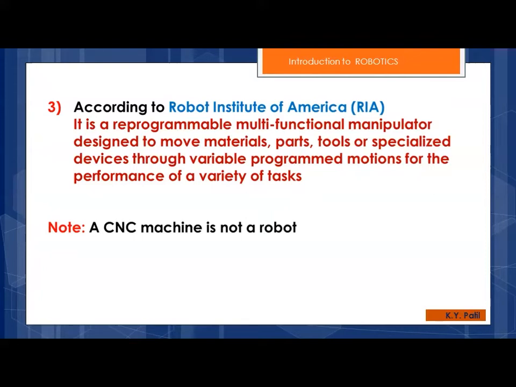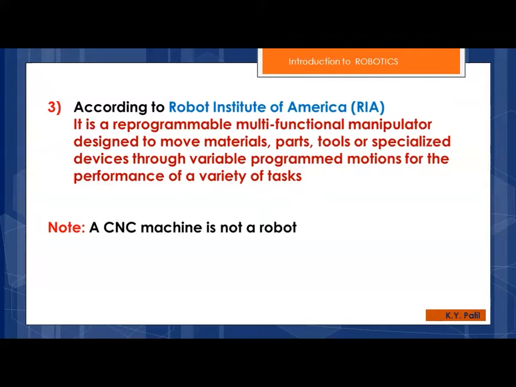Now, these terms I have already defined. For example, by manipulator we mean a robot with a fixed base, and this is nothing but a mechanical hand. That means the human hand we are going to model, design and develop in the form of an artificial hand. And this is nothing but a manipulator, and it is reprogrammable and multifunctional.